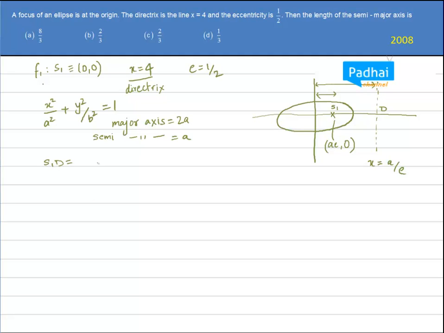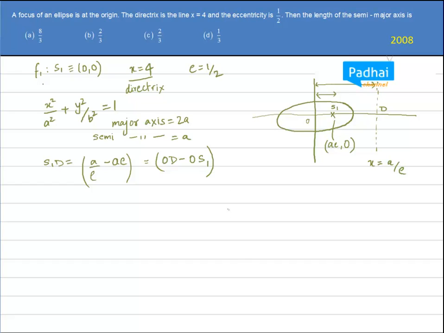So basically what would be S1D? S1D will be a by e minus a e, as simple as that, because a by e is the distance of the directrix from the origin. So this is equal to OD minus OS1, and this is what I needed to find. Now how do I correlate what I have done up till now with the given question?